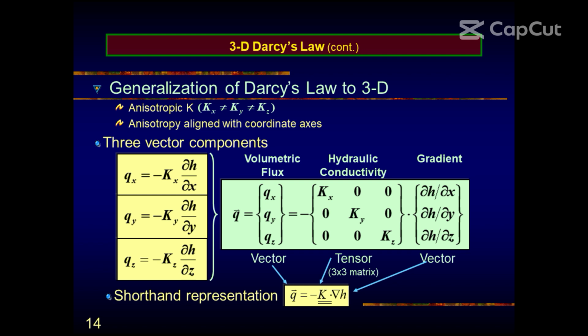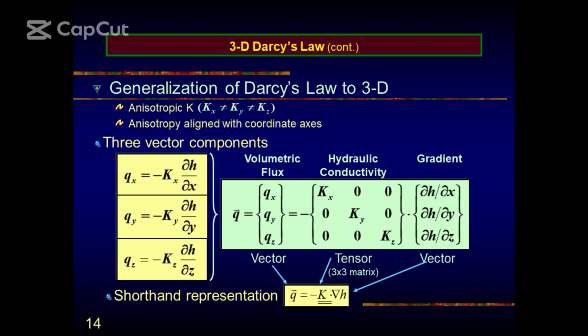Zero rank tensors are scalar quantities. When it is isotropic, Kx equals Ky equals Kz equals K, a single value in space, isn't it? So that is being treated as a scalar, a single value, which is a zero rank tensor.